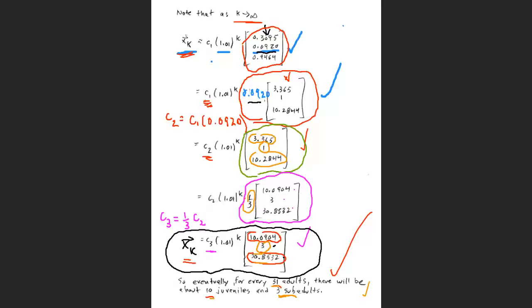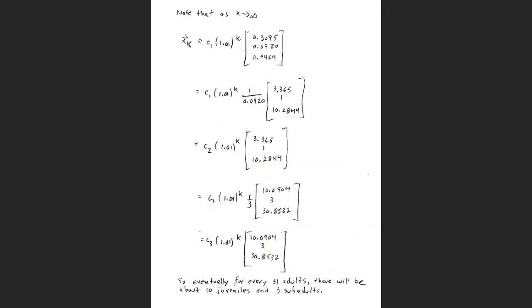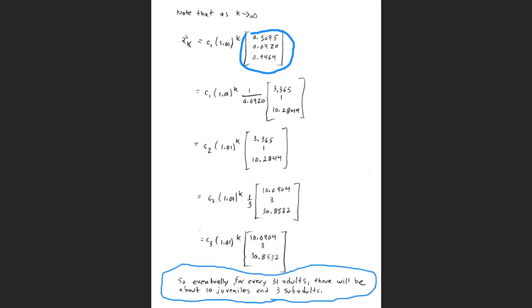eigenvector. Okay, so if I now go ahead and clear this, this here is an eigenvector of the matrix A. And even though what we did to get this nice interpretation down here that relates the number of adults to juveniles and subadults, the eigenvector here, or this vector here, is just a multiple of the original eigenvector, right?